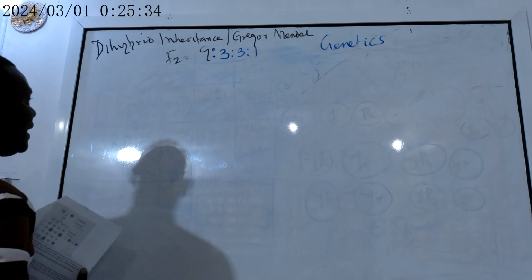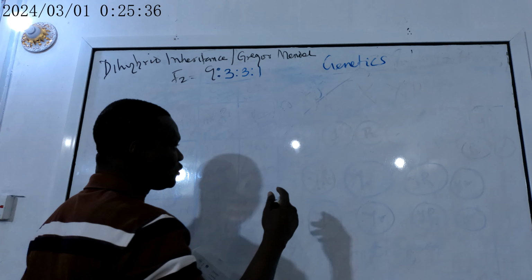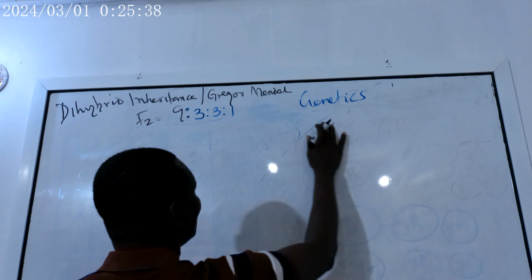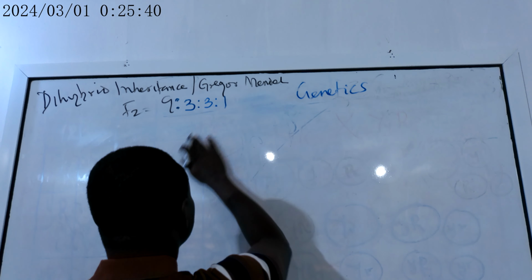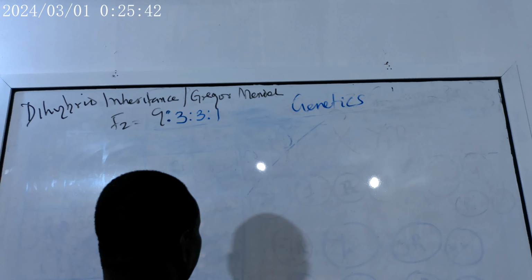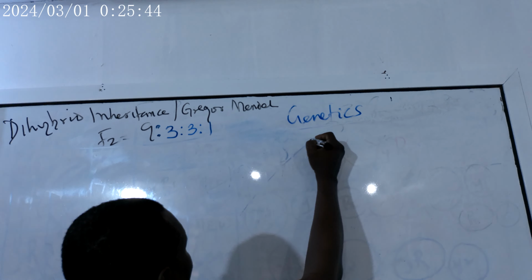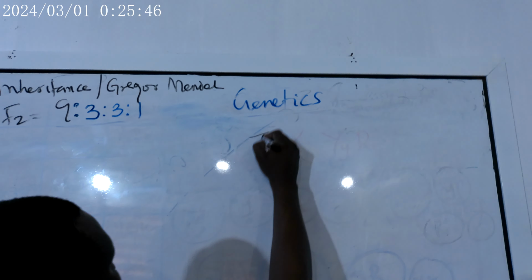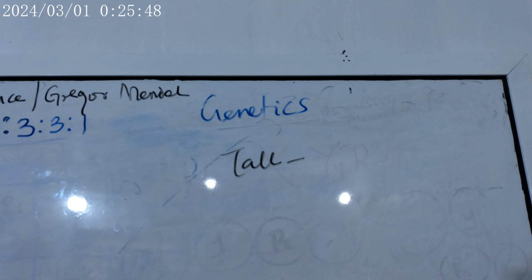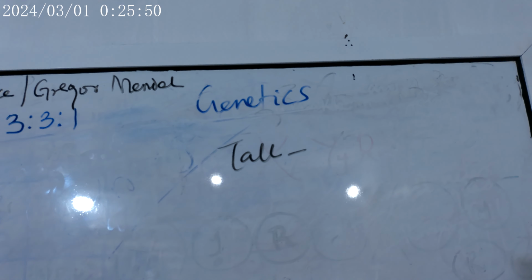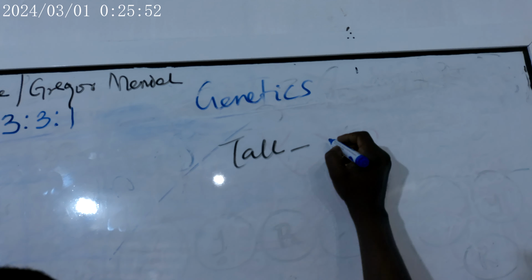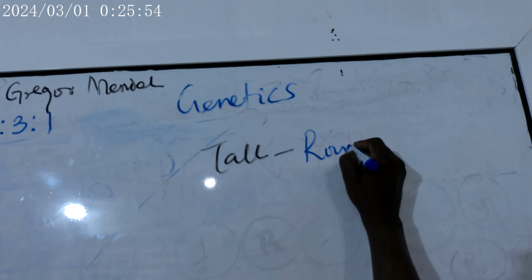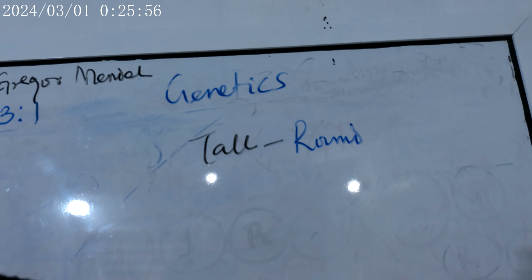So Mendel, just like I said, the crossing, let's imagine a crossing of this plant. Let's say a plant that is tall and round seeded.